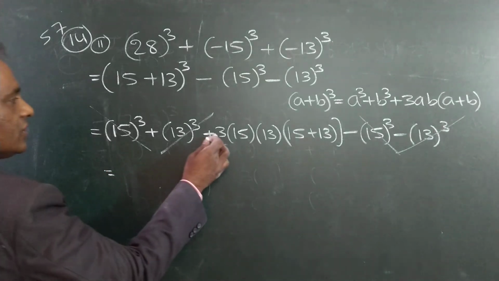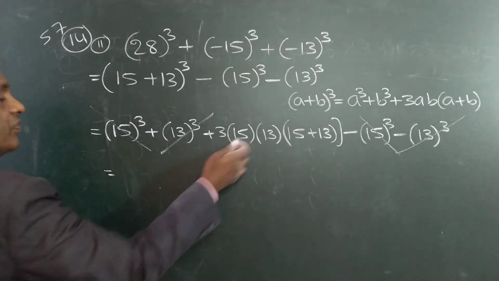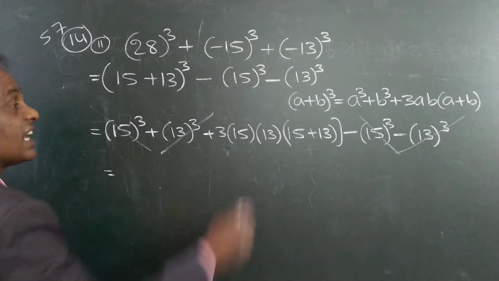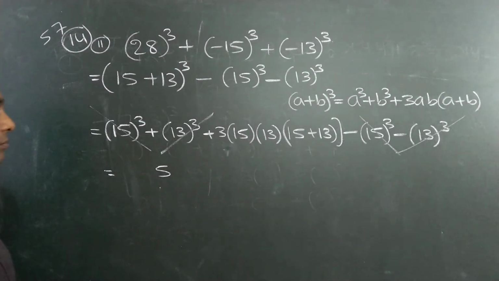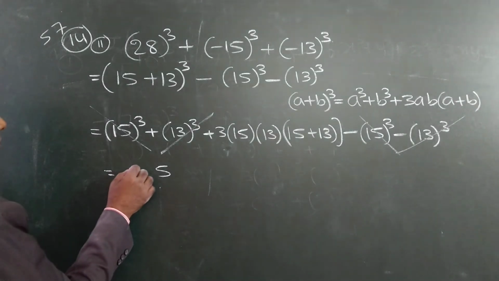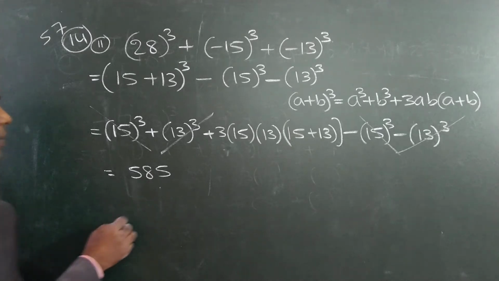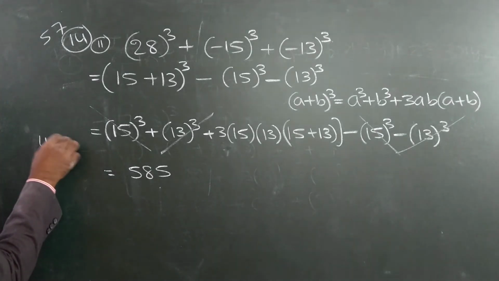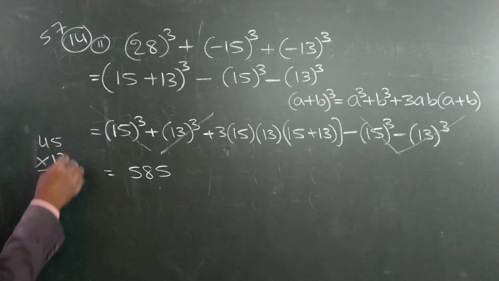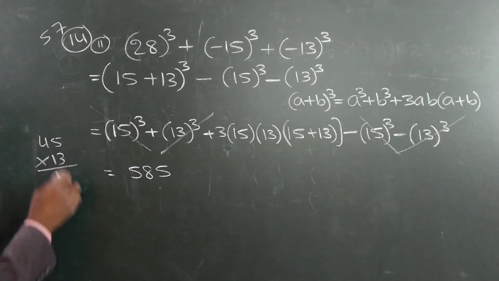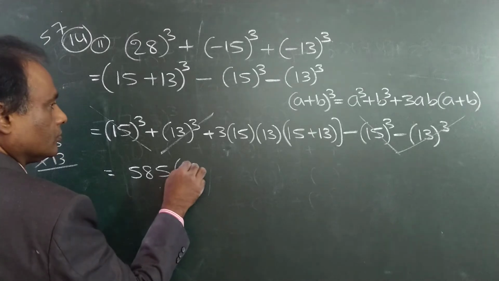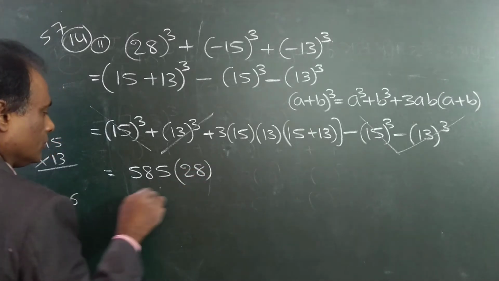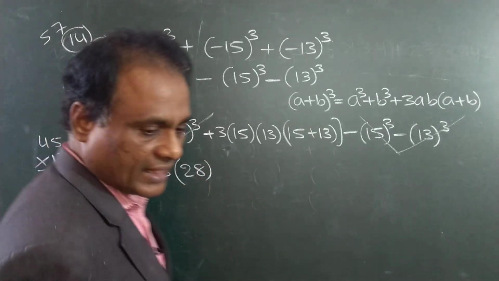What is the answer? 3 5s are 15, 15 into 3 is 45, into 13. How much? 45 into 13. Multiply these two and tell the answer.